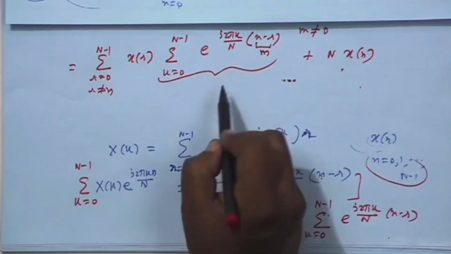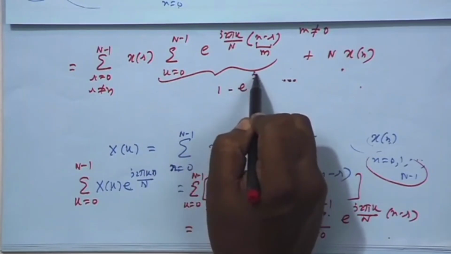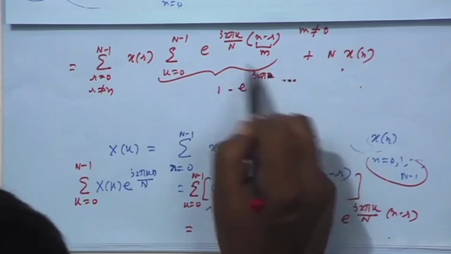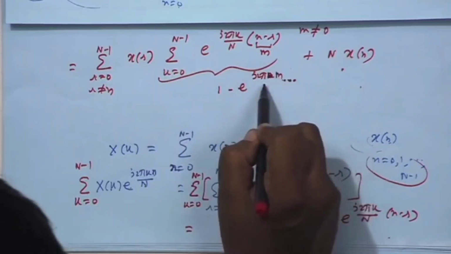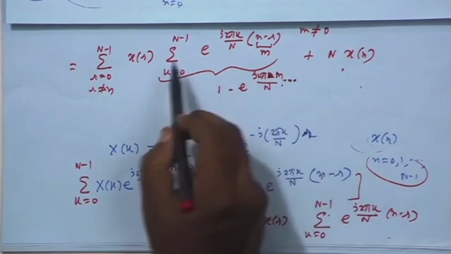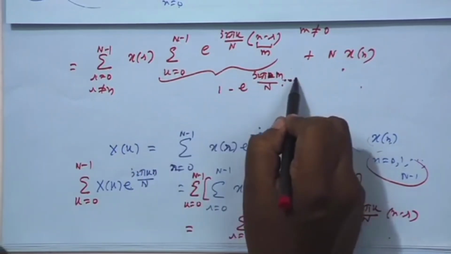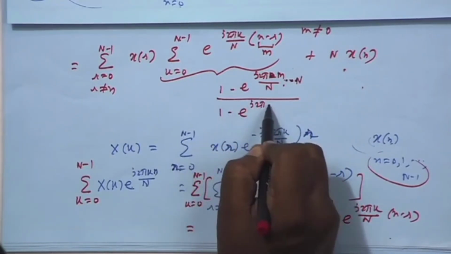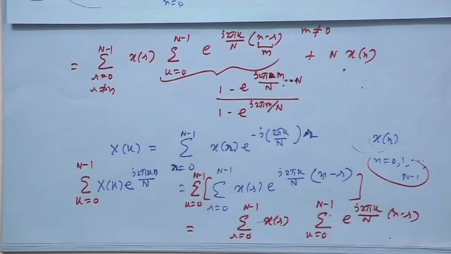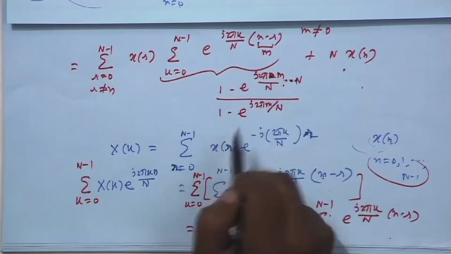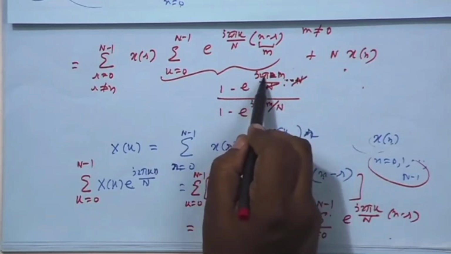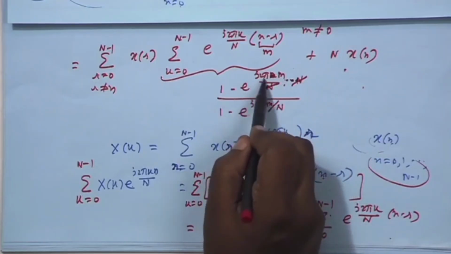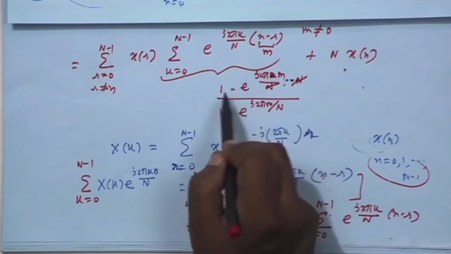So in this GP series it will be 1 minus e to the power j 2 pi m by n, summed over k from 0 to capital N minus 1, so 1 minus e to the power j 2 pi m, divided by 1 minus e to the power j 2 pi m by capital N. Now, look at the numerator. e to the power j 2 pi m, m is an integer, positive or negative does not matter. So e to the power j 2 pi into an integer is 1, and 1 minus 1 is 0.